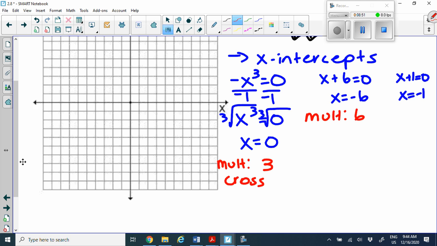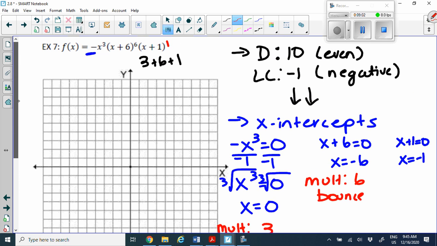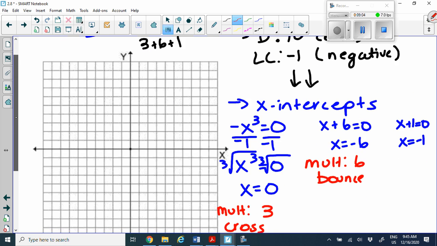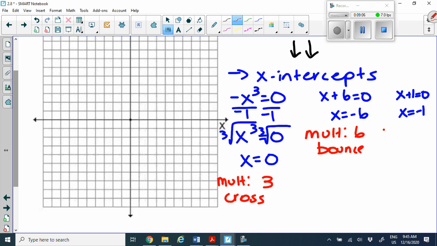So that is even, so we are going to bounce, or another term is touch, our x-intercept. And then at the factor of x + 1, that multiplicity is 1. So since that multiplicity is odd, we are once again going to cross.